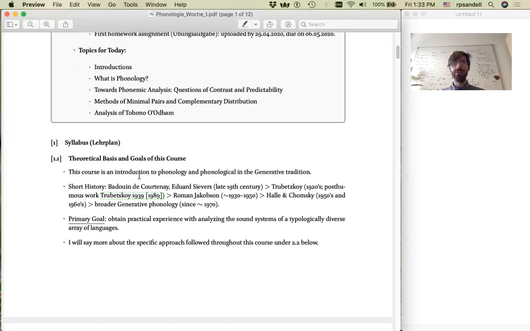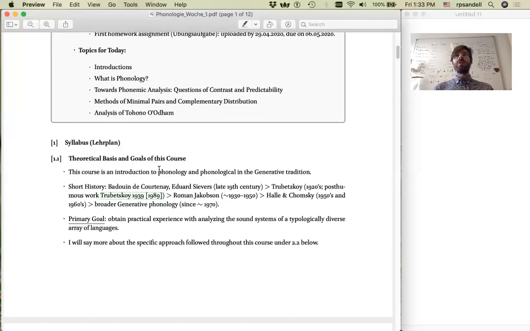And essentially, that work by Chomsky and Halle became standard in terms of an approach to phonology in North America, and has essentially laid the basis for the broader generative approach to phonology since the 1970s or so.